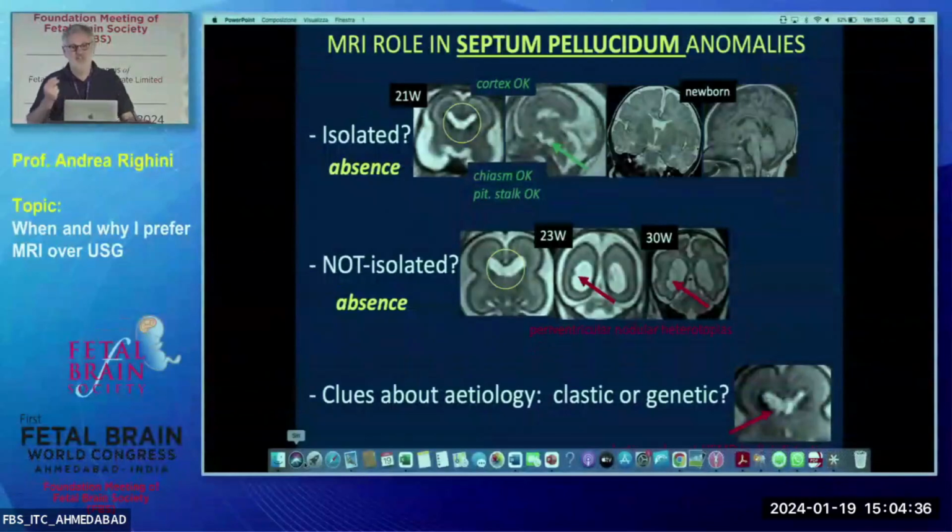And sometimes you get really surprised when you get data. Really sorry. But having said that, sometimes we can see that it is not isolated, because you have tiny anomalies like a small heterotopia. What does it mean? We don't know.